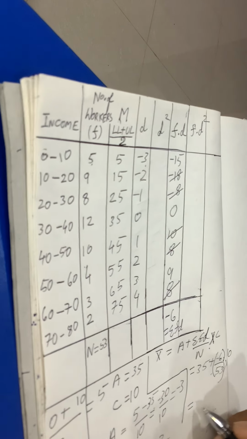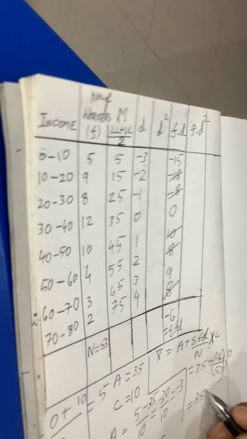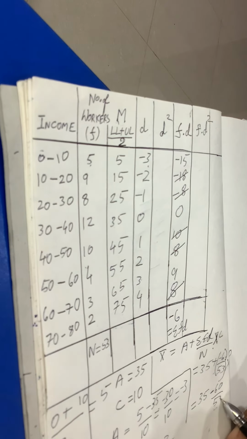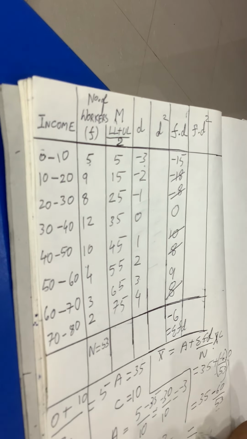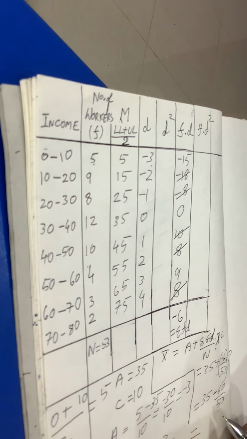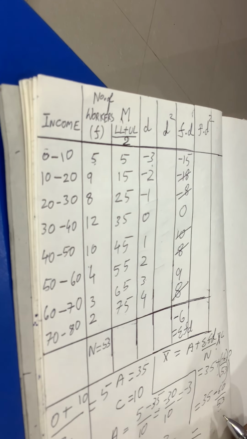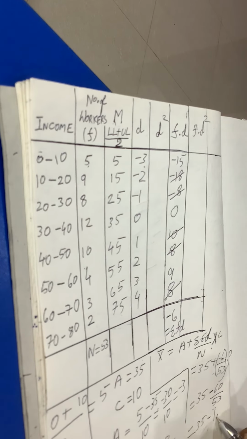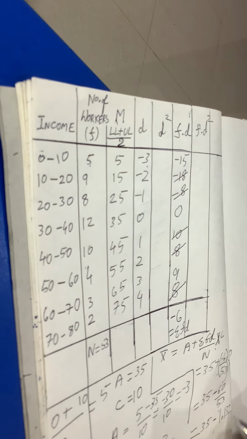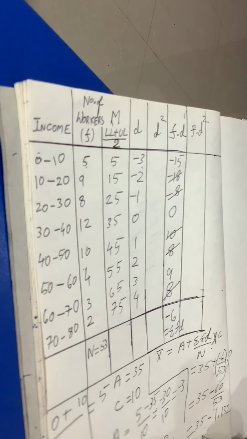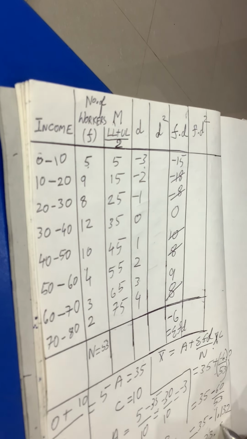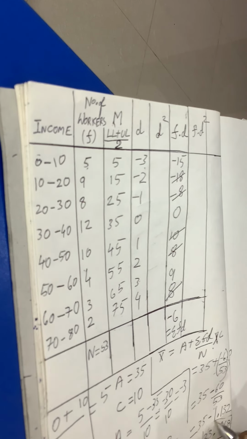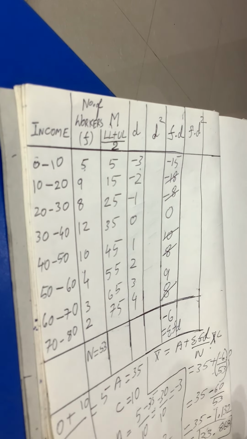Now 35 minus 60 divided by 53. When I put these values into the calculator, I get 35 minus 1.132. So this gives me the mean value as 33.868. Alright, so I have the mean value.